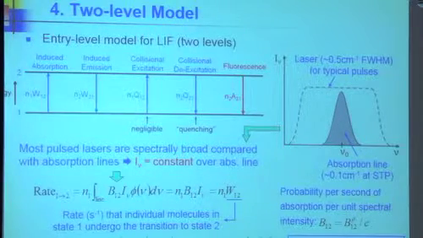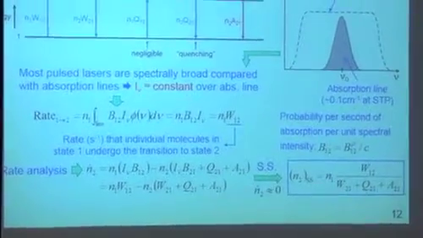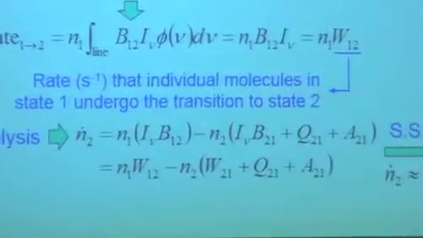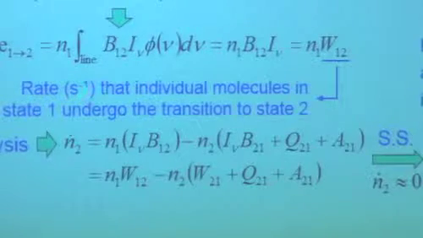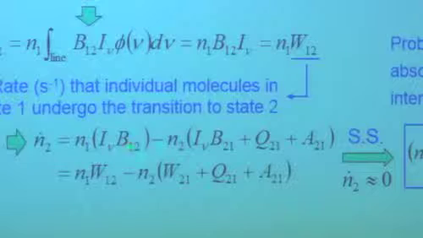So for times for which we can use steady state analyses, which will turn out to be times longer than, say, 1/10 of a nanosecond or so, we can write the rate equation for N2 as the positive term and the negative term.